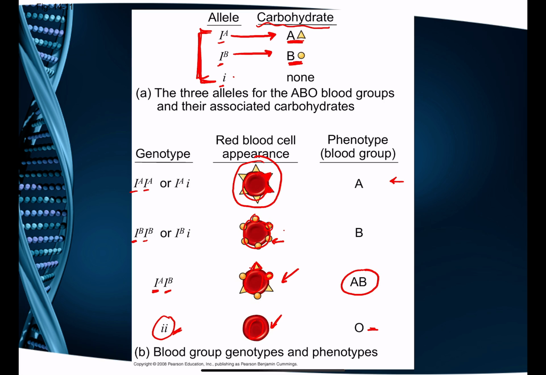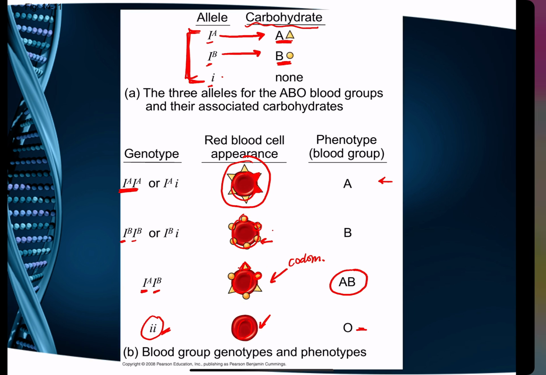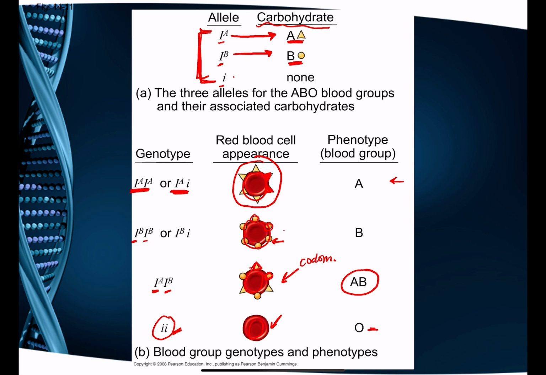The IB gives you the circle. And so this shows codominance as well, okay? So I big A, I big A, or I big A, little i gives you A blood type. I big B, I big B, or I big B, little i gives you B blood type. I big A, I big B gives you AB, and little i, little i gives you O, okay?